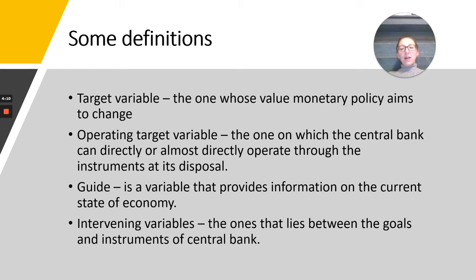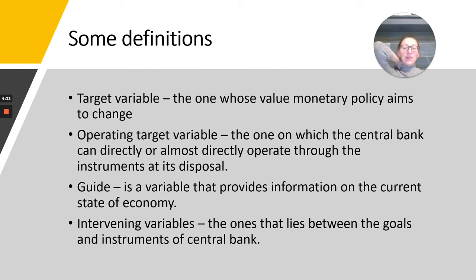The target value is one whose value monetary policy aims to change. Usually it's, as mentioned, inflation, but not necessarily only it. An operating target variable is one on which the central bank can directly or almost directly operate through the instruments at its disposal.